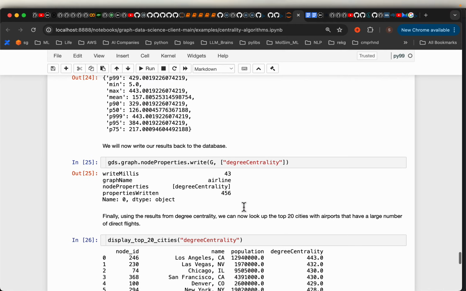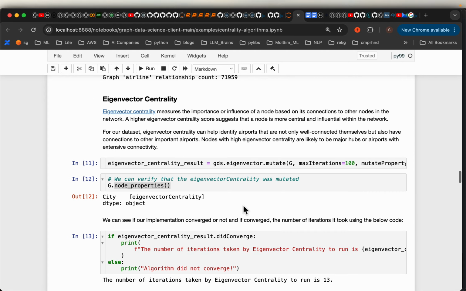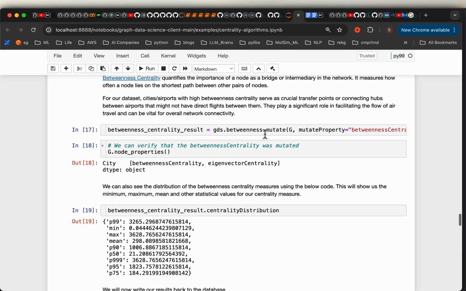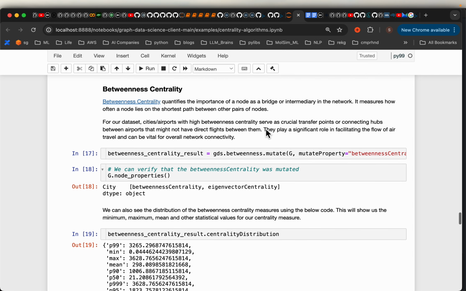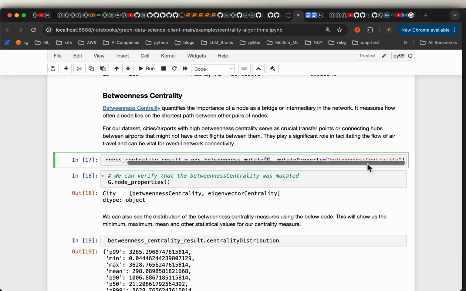So the process is exactly the same. Instead of calling the eigenvector algorithm, this time we call the betweenness algorithm, right? So pretty much the same. Just call the graph datascience betweenness algorithm, input our graph network, again write the result as betweenness centrality.